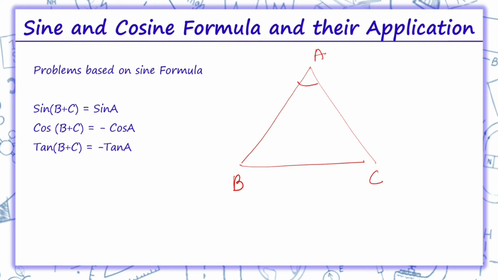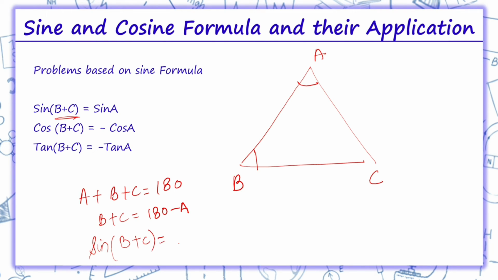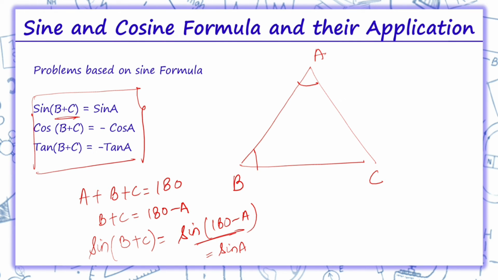Since A plus B plus C equals 180 degrees, B plus C can be written as 180 minus A. So sine of B plus C is equal to sine of 180 minus A, and as we studied in our previous video, sine of 180 minus A is sine A. These are certain formulas, or results, related to the sine rule. So sine of B plus C can be written as sine A.